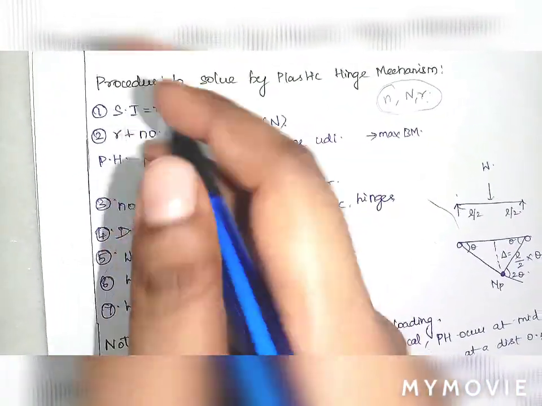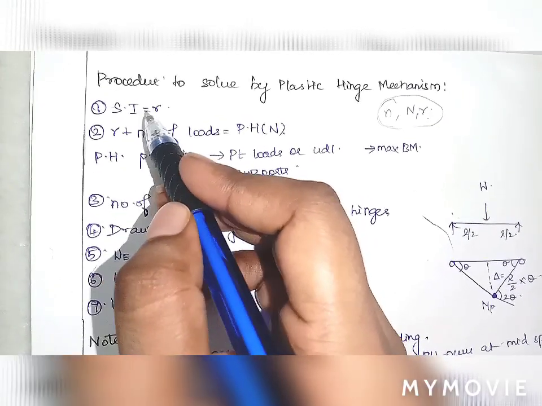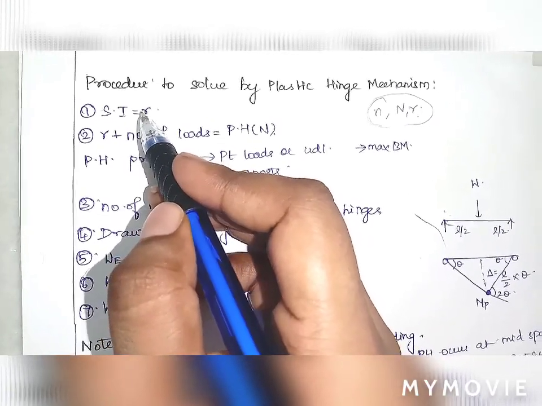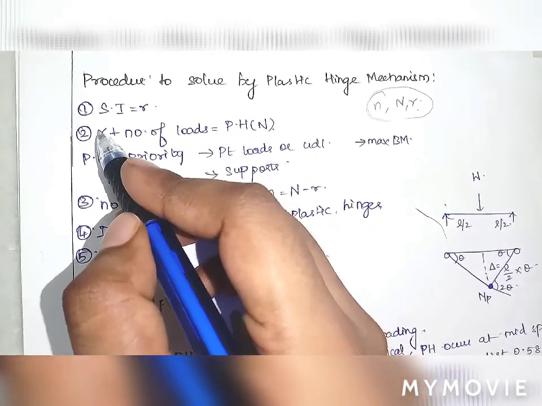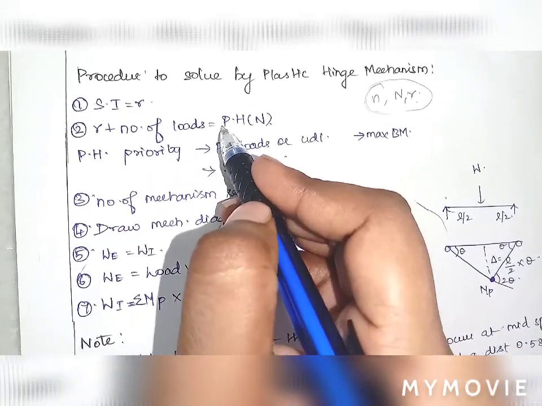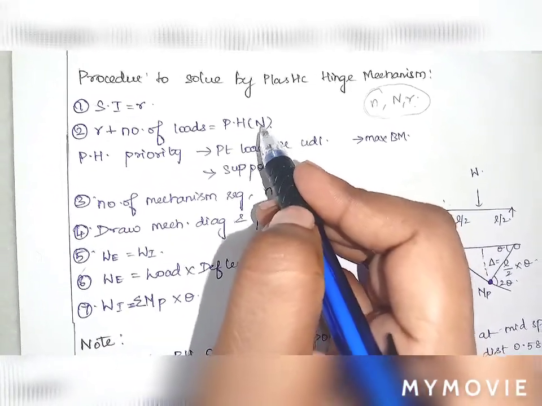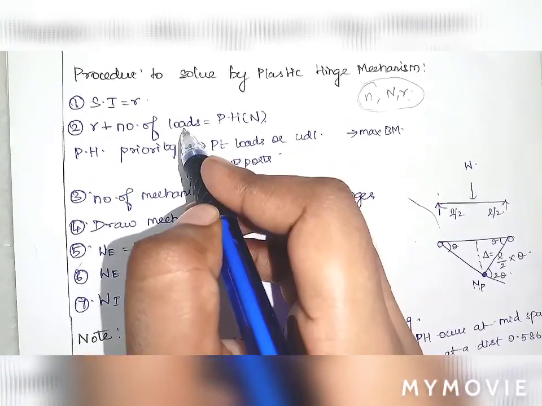So first we have to calculate the statical indeterminacy for a beam, otherwise called R. Next thing, the statical indeterminacy R plus number of loads is equal to the number of plastic hinges. Okay, the capital N, number of plastic hinges, is equal to R plus number of loads.